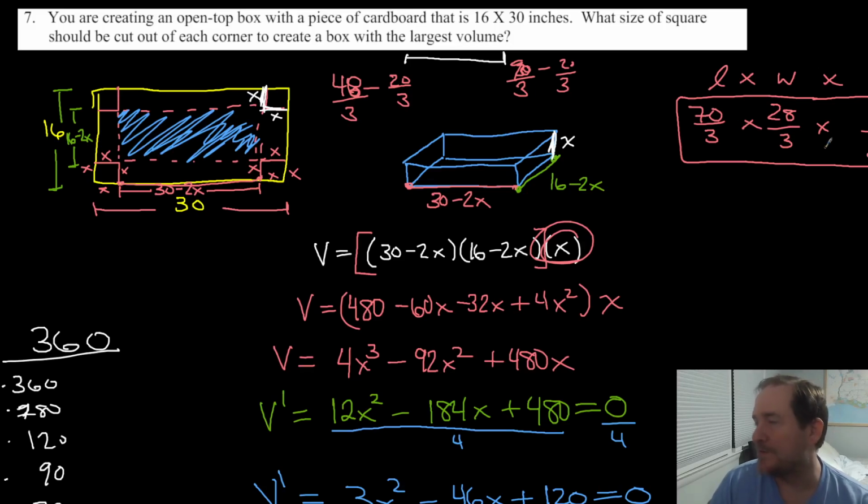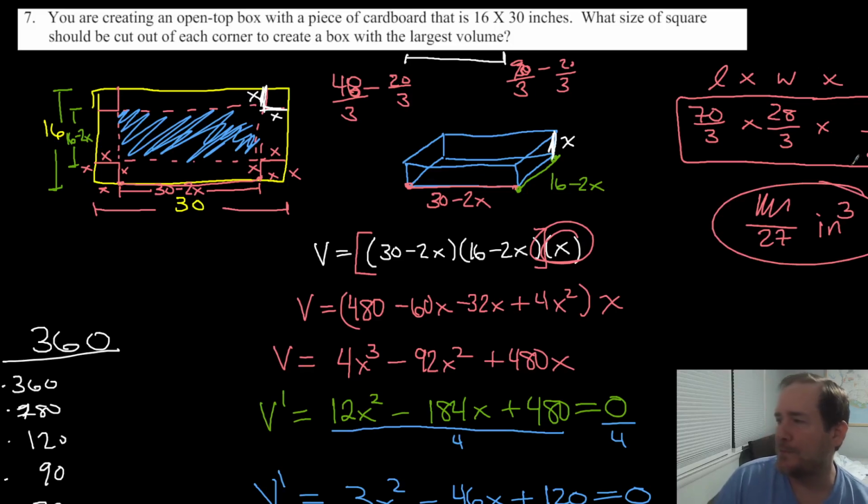Don't forget the units. If I asked you for the volume, you'd have to multiply all that stuff together, and you'd get some big number in the numerator. Your denominator would be what, 27? Numerator would be whatever. But the volume would be cubic inches, of course. So just remember, I may ask you to go a little further than what we're doing here. They just wanted the lengths of the sides of the square, but I'd probably ask you to give the dimensions of the box and the volume of the box.